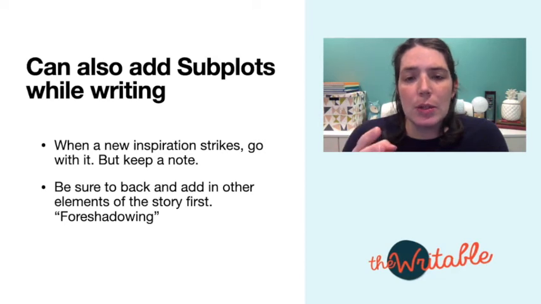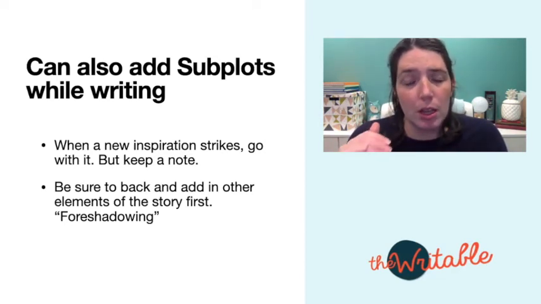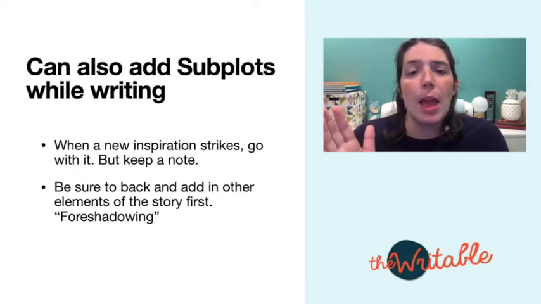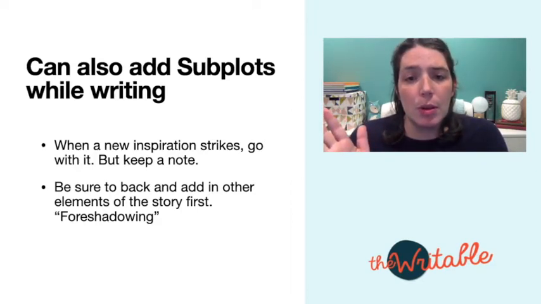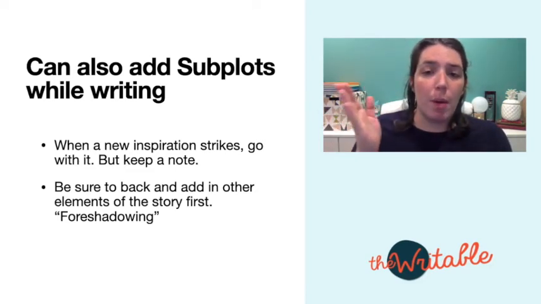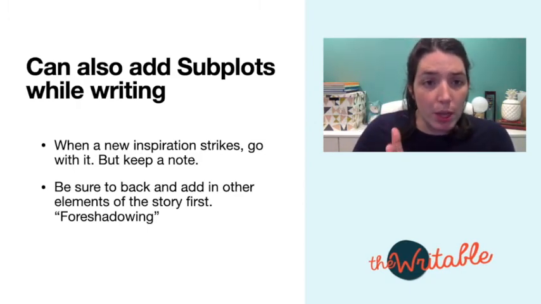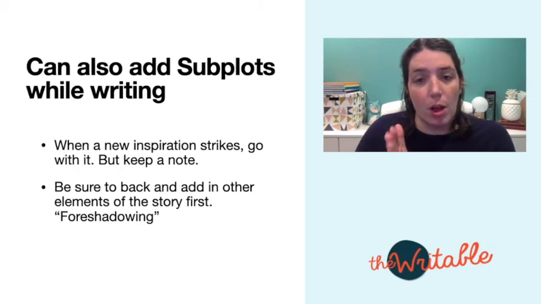But what I did is I just went ahead and put it into the writing like it had always been there. I just kept a note for myself, and I knew that I was going to have to go back in and add different story points for that subplot earlier on.